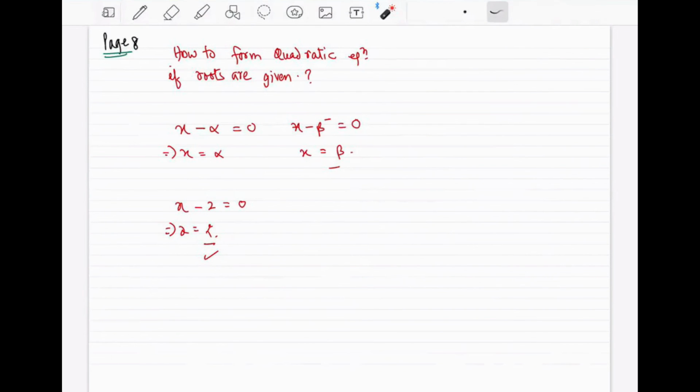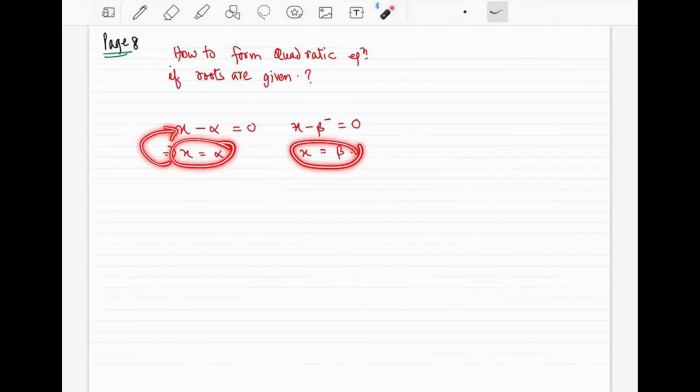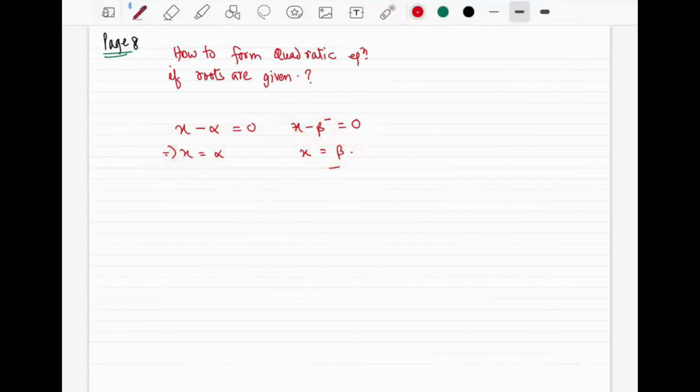The quadratic equation, if you are given alpha and beta, is obtained if you multiply them: the left hand sides together and the right hand sides together. So if roots alpha and beta are given, just multiply the linear equations that we obtain from them. What are the linear equations? x minus alpha, x minus beta. Multiply them on the left hand side.